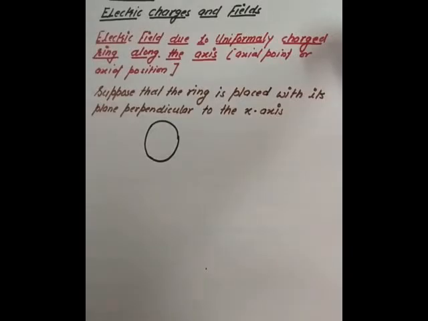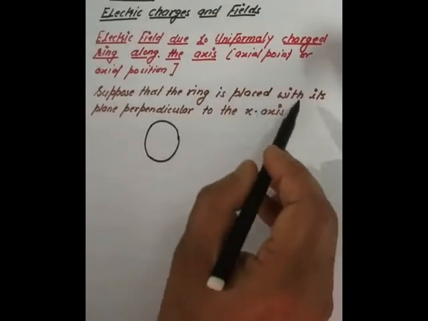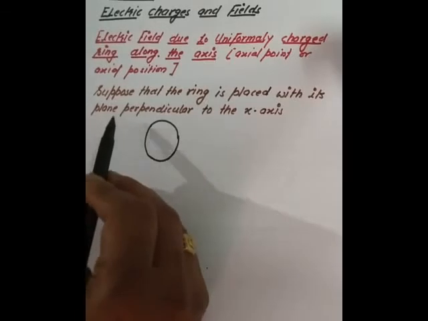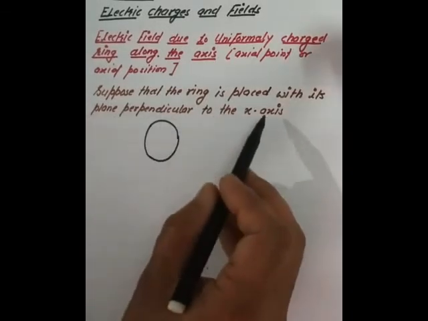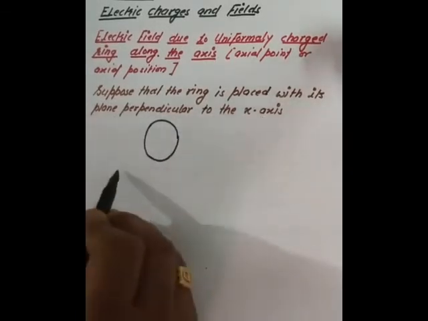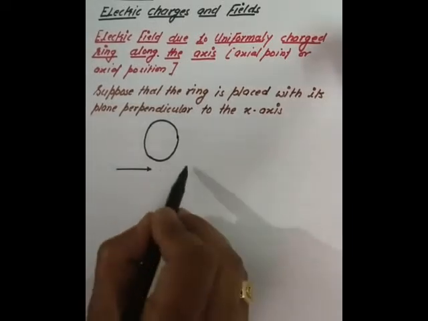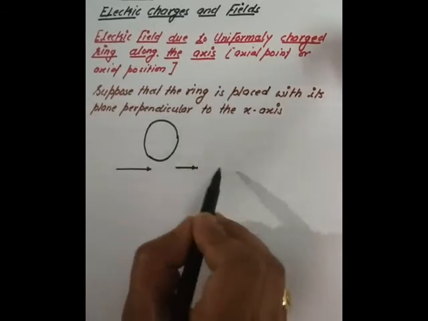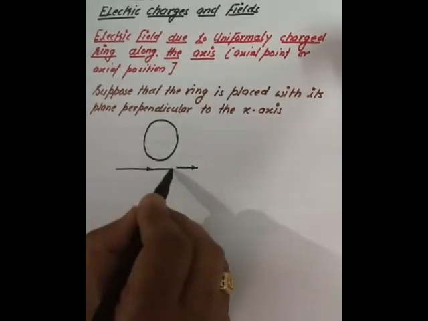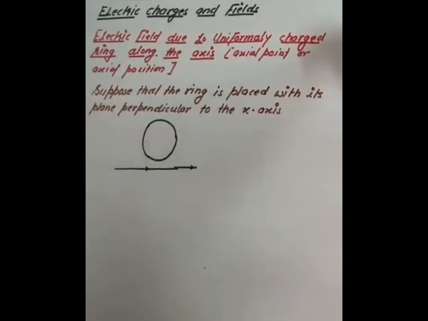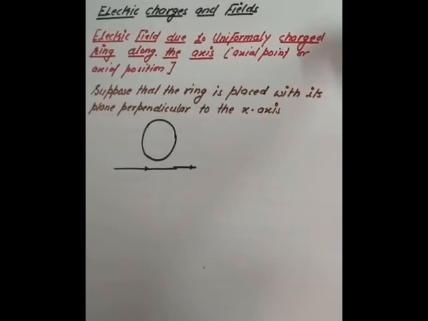Suppose that the ring is placed with its plane perpendicular to the x-axis. It is the x-axis, like this, and the ring is perpendicular to the x-axis. We have to find the electric field.